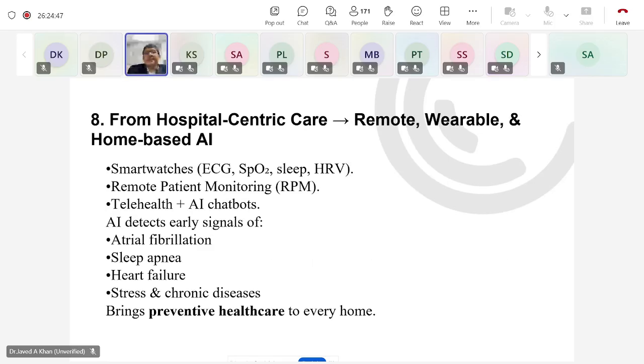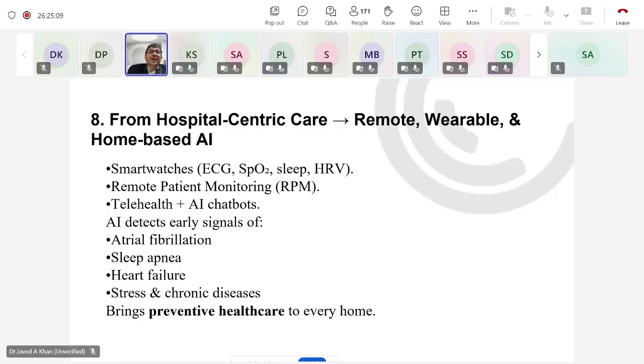From hospital centric care, now we are going to remote, wearable and home based AI. This is the major shift. Smartwatch, ECG, SpO2, sleep, HRV we can get instantly. And we are also using smartwatch and IoT devices. Remote patient monitoring systems we can do.